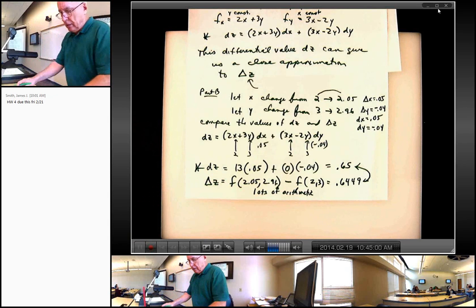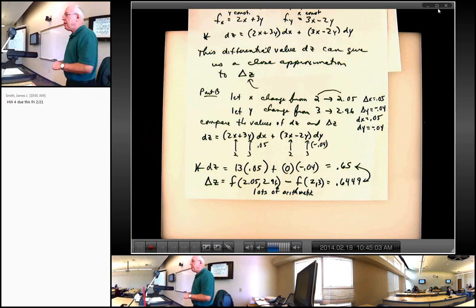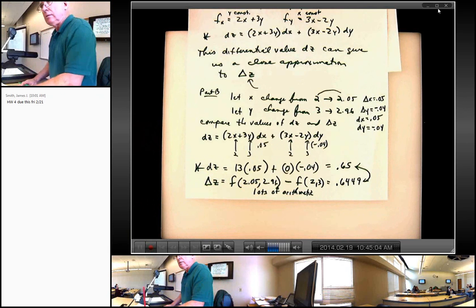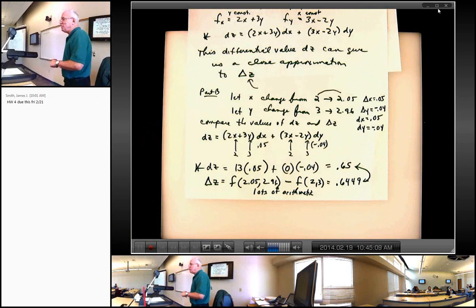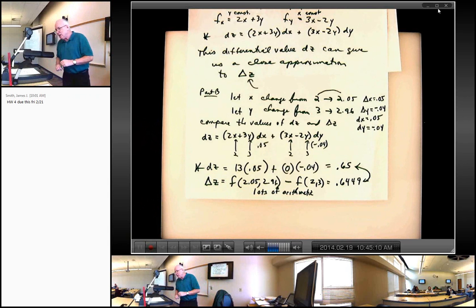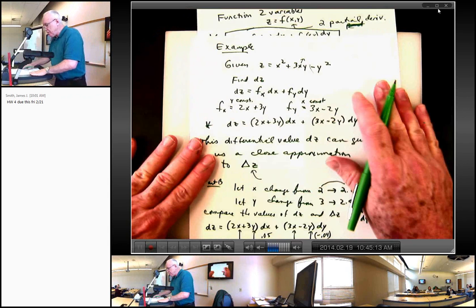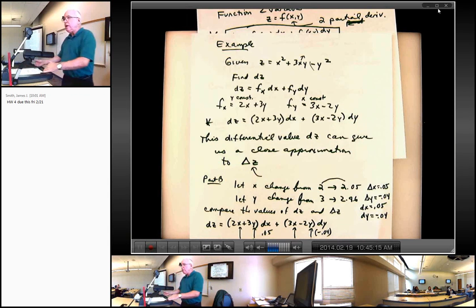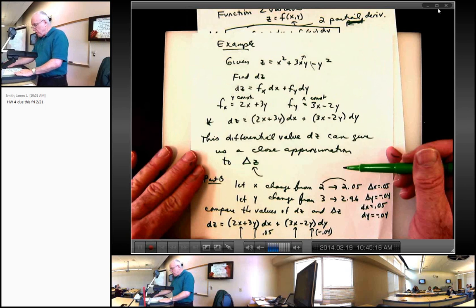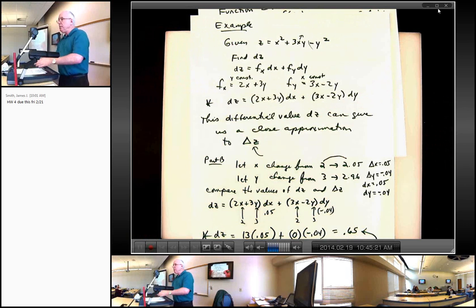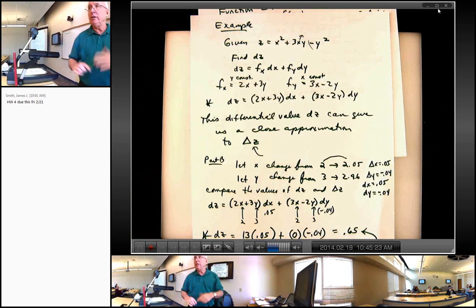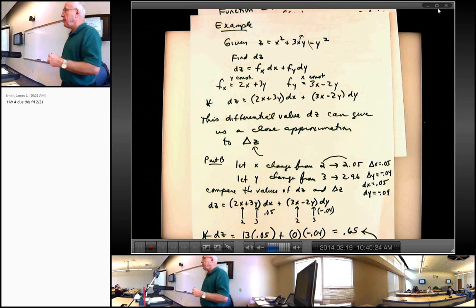I would imagine computers like simpler computation. Well, so do humans actually too. So this is an example of where you'll have this kind of problem where you want to calculate dz, and maybe you'll be asked to calculate delta z. You'll have calculators so you can figure that out.